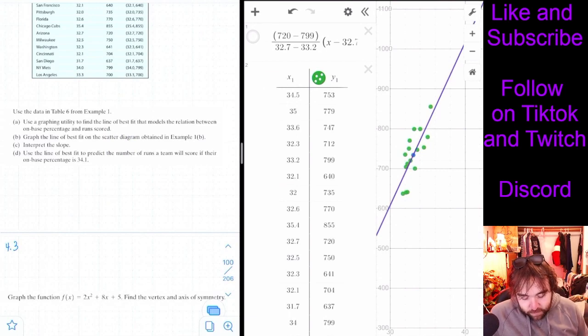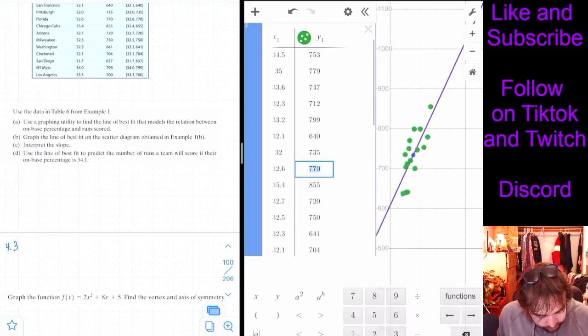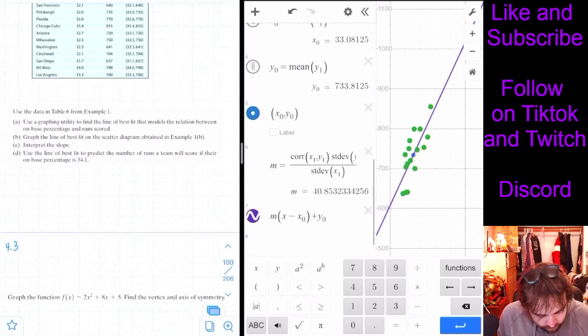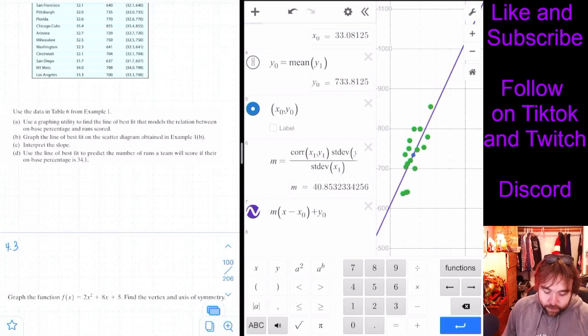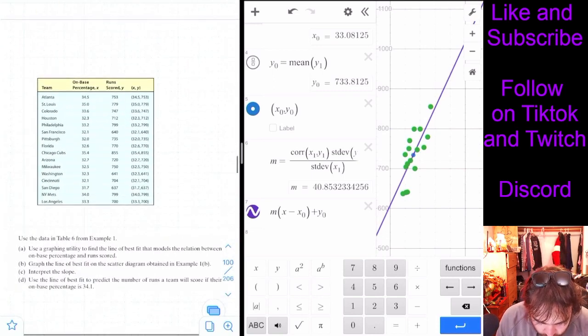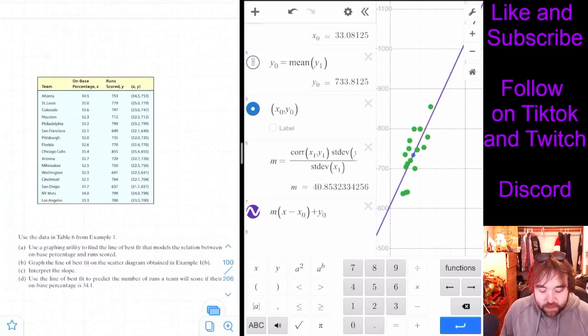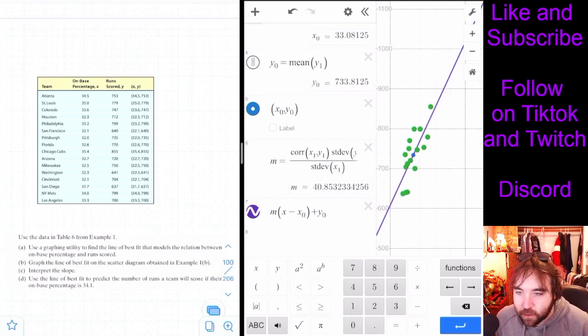What else? They want us to graph it and interpret the slope. So, interpret the slope on average. What did we find the slope was? 40? We have it here, don't we? 40. So on average, when your on base percentage goes up by 1%, your runs scored goes up by 40.